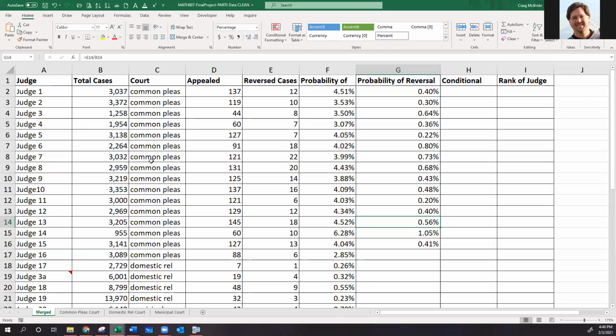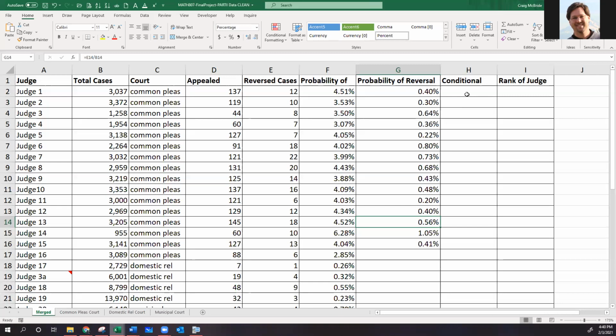If I wanted just this, and I didn't want the comment in here, there's a function that'll do that. That'll basically just capture the last 5 characters in a cell. So there's all sorts of really cool stuff you could do that you really need to know how to do in a lot of jobs.